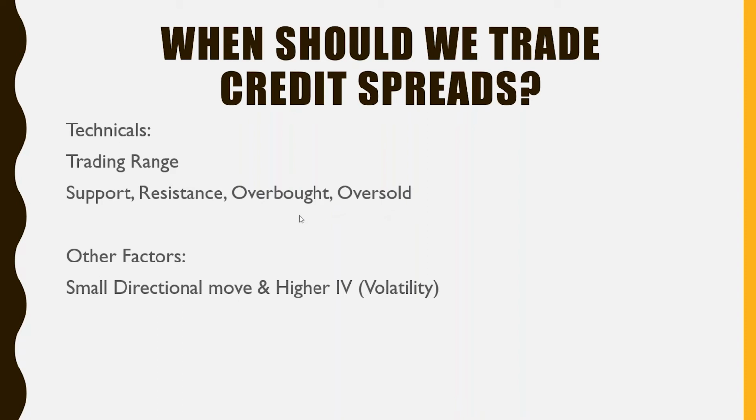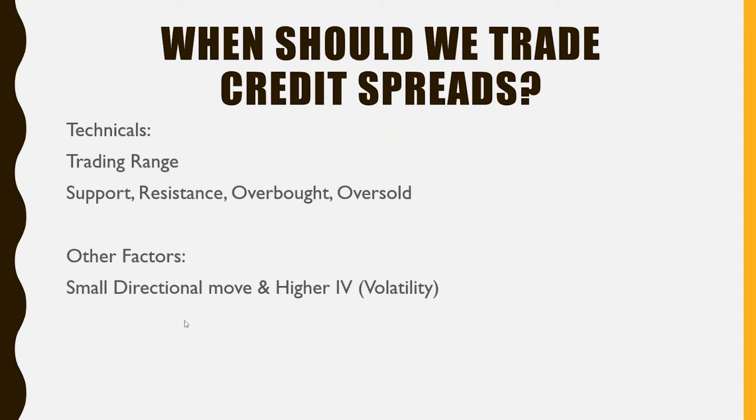When you see the stock maybe pull back to the support and be about to bounce back, or it got up to the resistance and is about to turn around and come back down. Let's say we're in the trading range between $100 and $120. So in the trading range, right next to the support or right next to the resistance, we can do a bull put or a bear call.